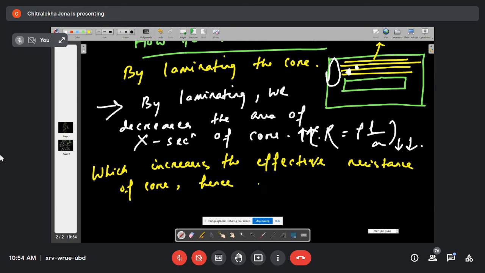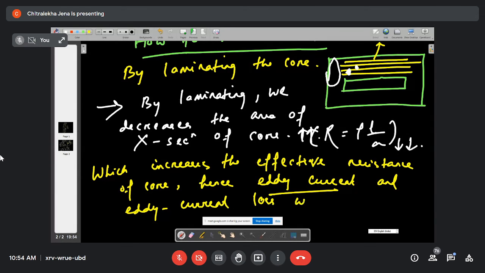Hence the eddy current resistance will increase, so what happens to the eddy current? Eddy current and eddy current loss will decrease. Yes or no? Loss will decrease.